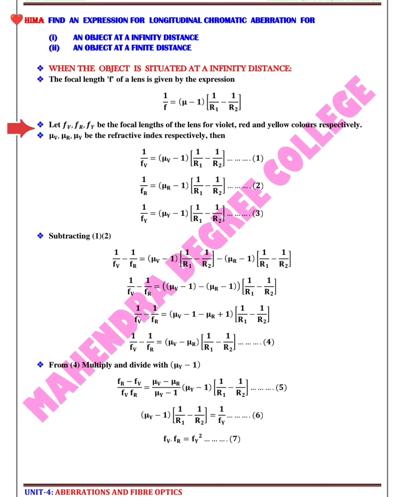Define focal lengths for different colors. Due to chromatic dispersion, refractive index varies with wavelength. So define FV, FR, and FY as the focal lengths for violet, red, and yellow light.